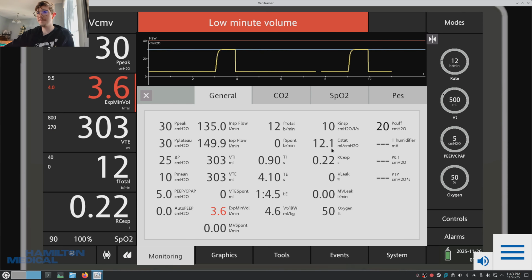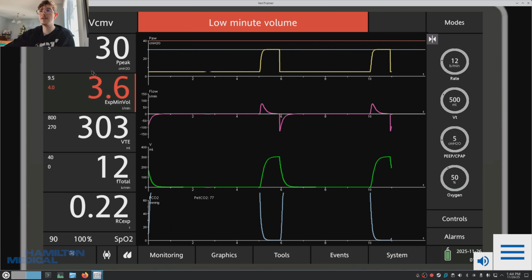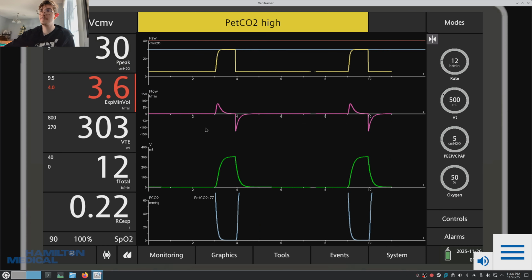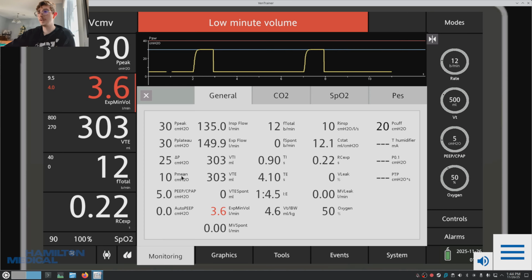It's the same. What is our plateau and our driving pressure? It's the same. We are basically at the same point. The only thing that has changed is the peak pressure alarm. The peak pressure is lower, but the plateau and the driving pressure are exactly the same.